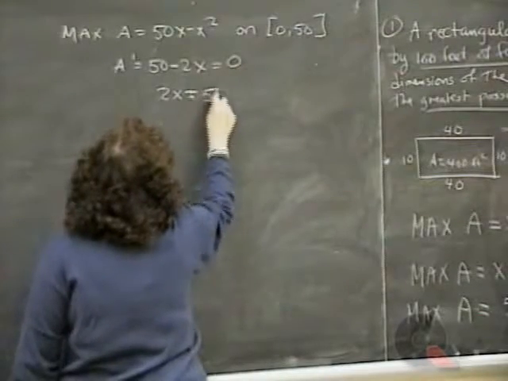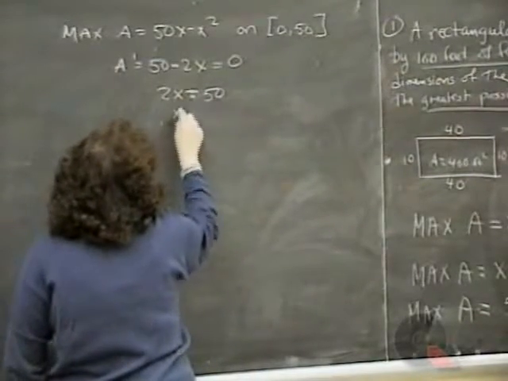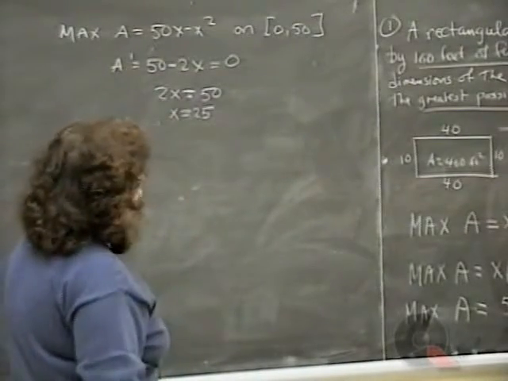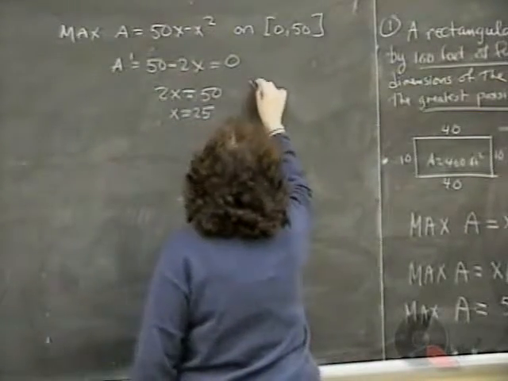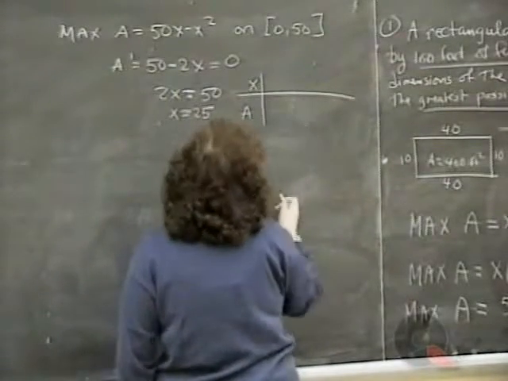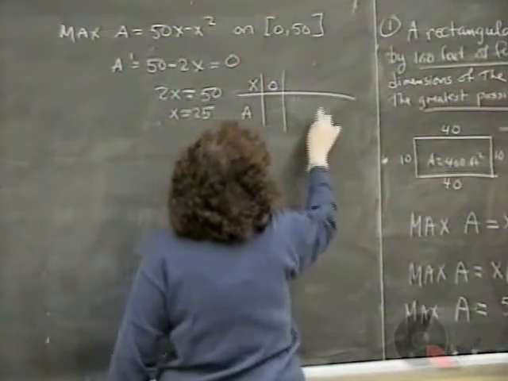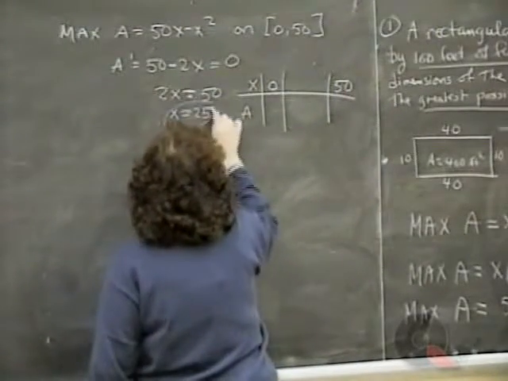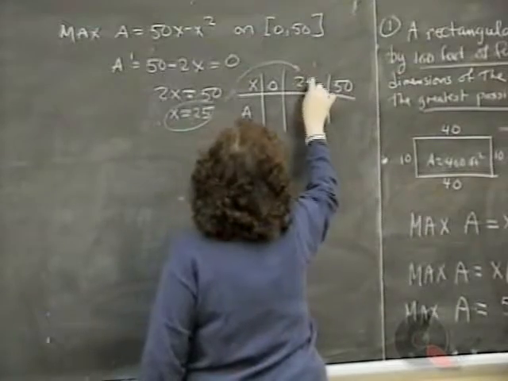In this case, there's only one critical number. 2x is equal to 50, x equals 25. And our procedure would be to make the same kind of chart we made before, x, and here would be A instead of f of x. We'd go from 0 to 50 with any critical numbers that happen to fall in between. x equals 25 would go right in here.